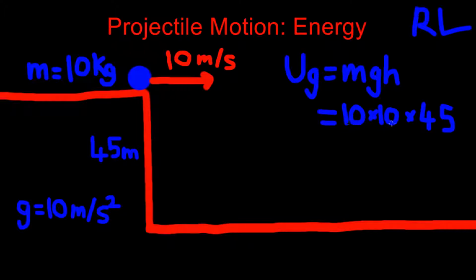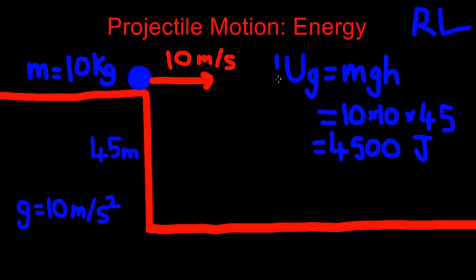Luckily, seeing as we're just timesing by 10, we can just take this 45, add a 0 to it for this 10, add a 0 to it for this 10. This gives us 4,500. Now, put the units on this. It's an energy, so that means the units must be joules.